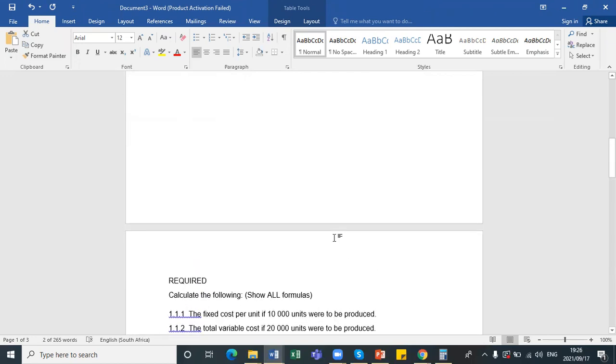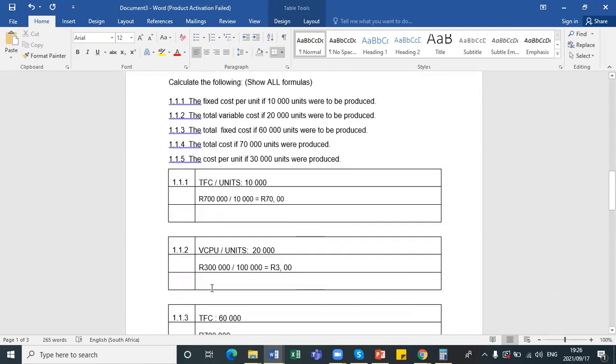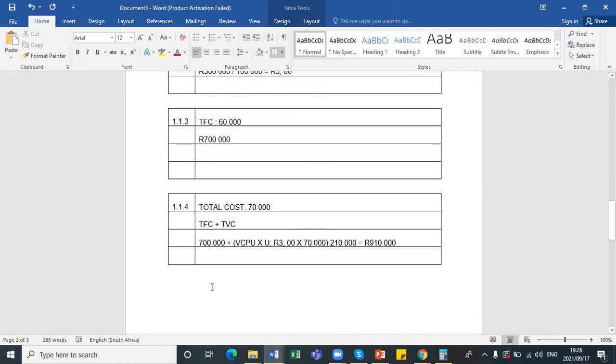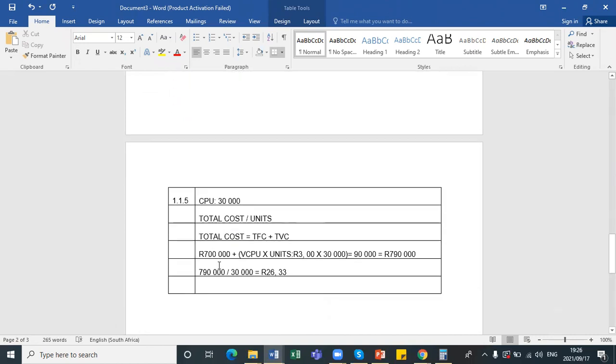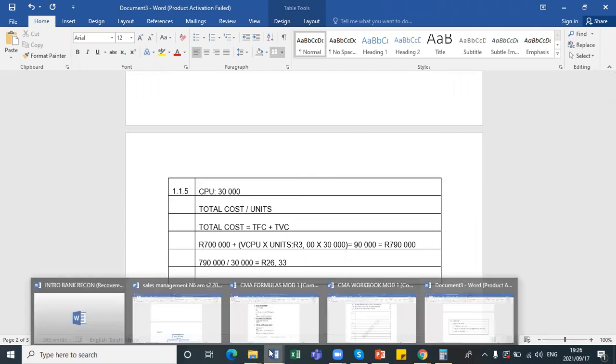Next, they tell you to calculate cost per unit if 30,000 units. Question 1, did production change? Yes. Question 2, does cost per unit change? Yes. So what does that mean? I have to calculate a new cost per unit. So how many formulas are there to calculate cost per unit?